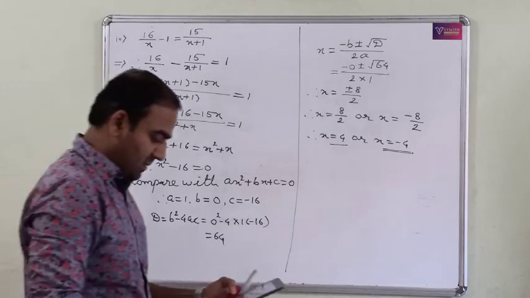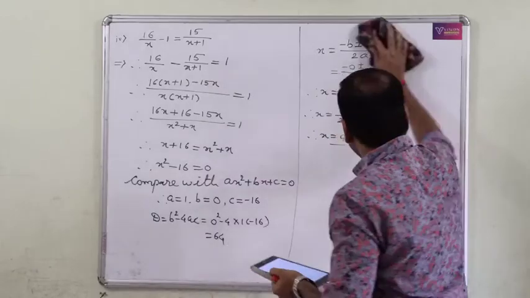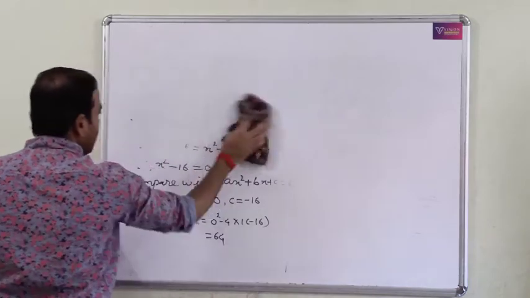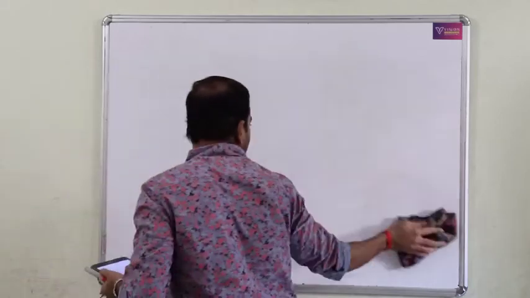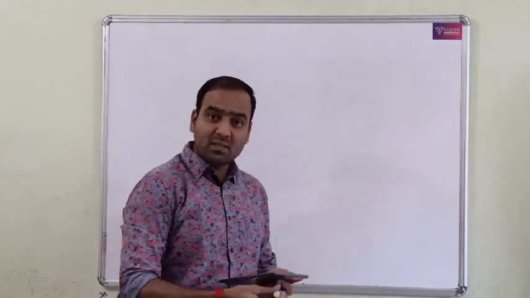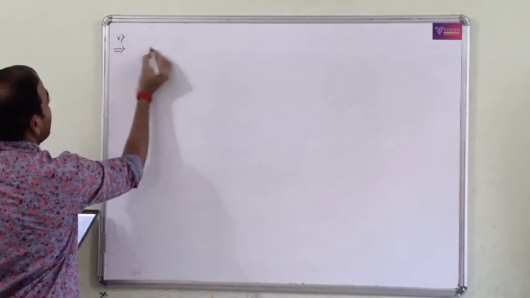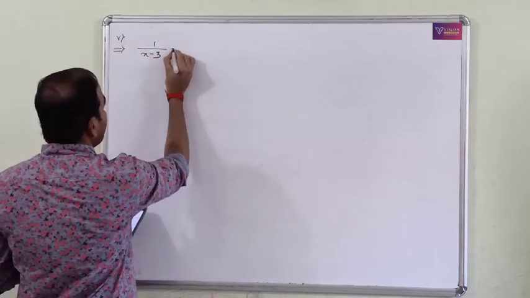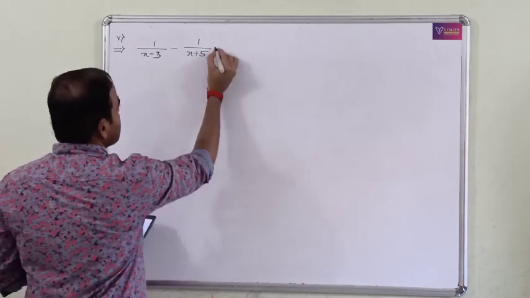Then we take the last question. It is 1 upon x minus 3 minus 1 upon x plus 5 is equal to 1 by 6.